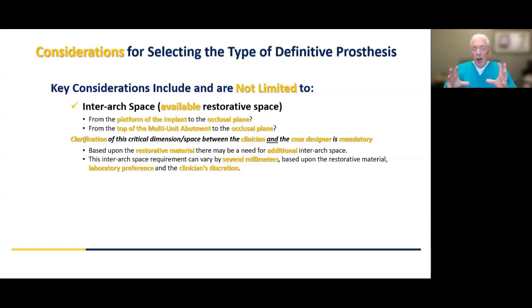When the lab tells you how much restorative space you need, you have your established VDO, your functional vertical dimension of occlusion, which is where the patient is in their centric position or centric occlusion. If the laboratory in your preliminary workup says we need this much restorative space, there are two ways to get that.